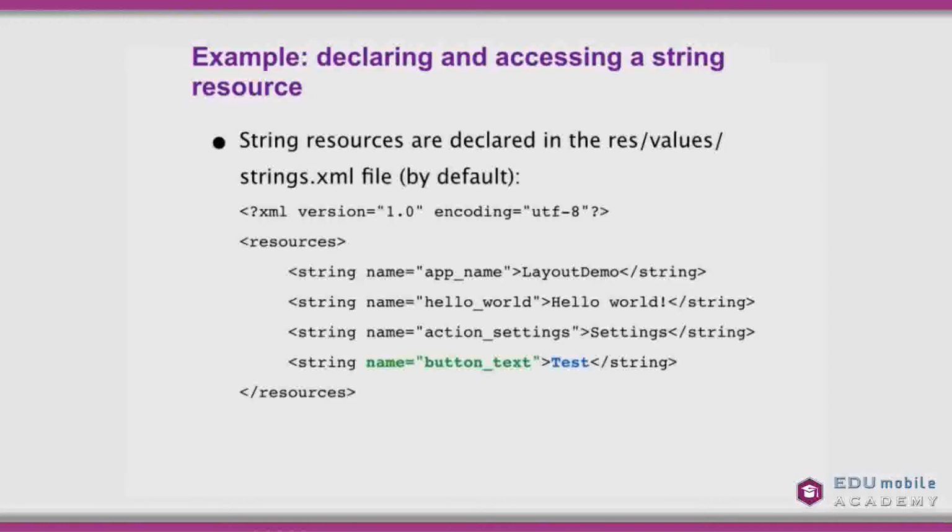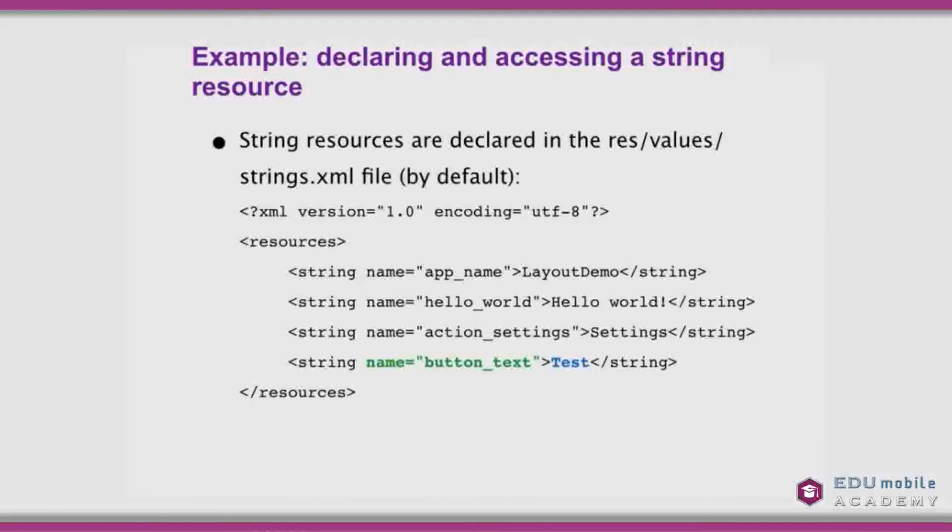So for instance, we have this little strings.xml file, and we have added a string, and the way we do that is string name equals, we use the name attribute, and then whatever we want to call it, and this is the resource name, and then close that, and then the actual value of that string. And we notice we don't put quotes around that string.